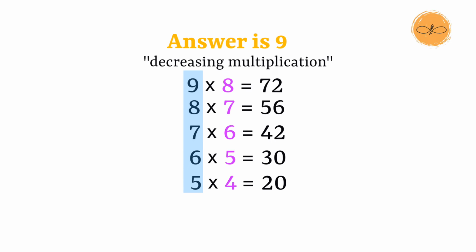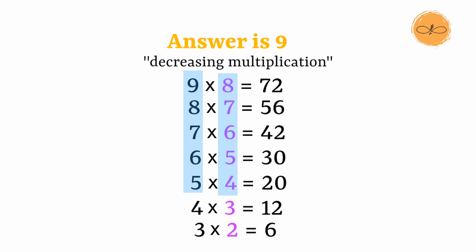We then look at the numbers that we are multiplying by and that's another sequence 8, 7, 6, 5, 4. So logic would suggest the next line should be multiplied by 3. So the next line should be 4 multiplied by 3 equals 12. If we continue this pattern, the first number will be 1 less and the second number will be 1 less, so the next line would be 3 times 2. And once again 3 times 2 equals 6, so we again have the answer being equal to 6.